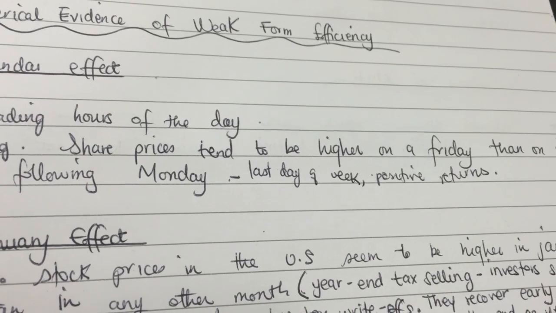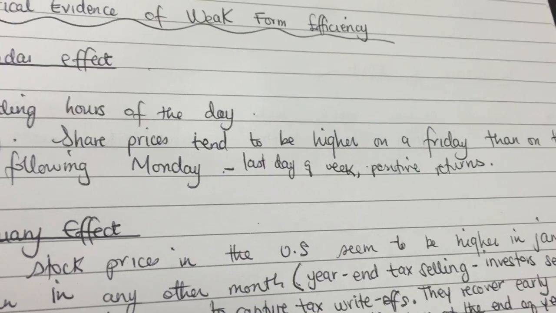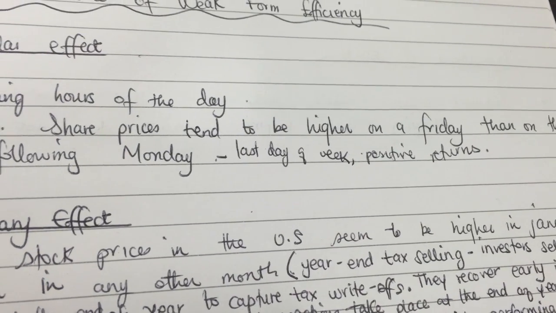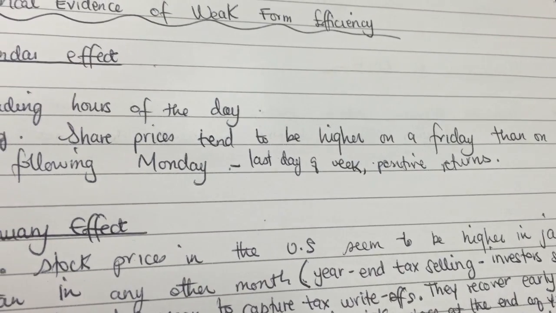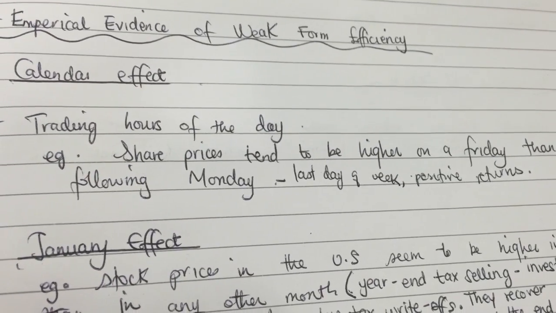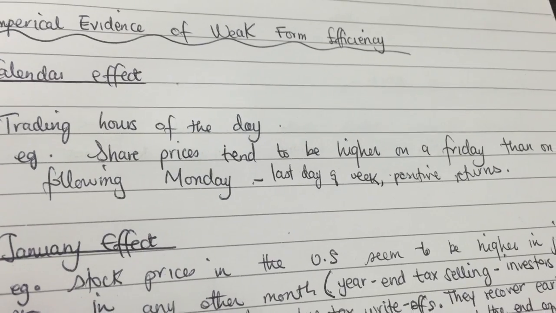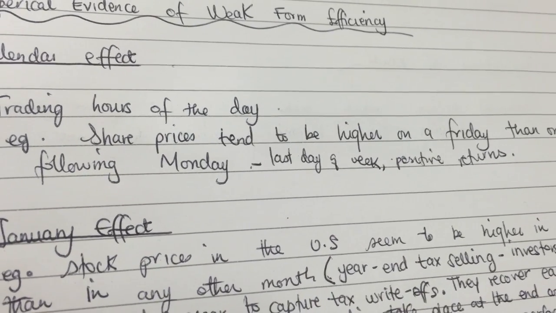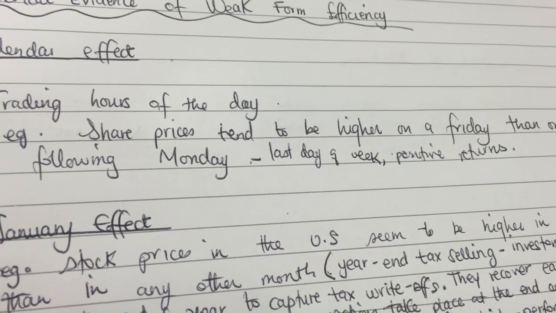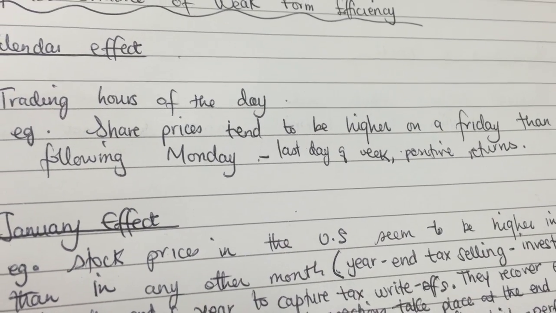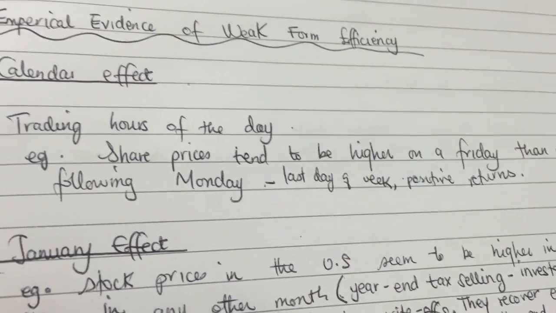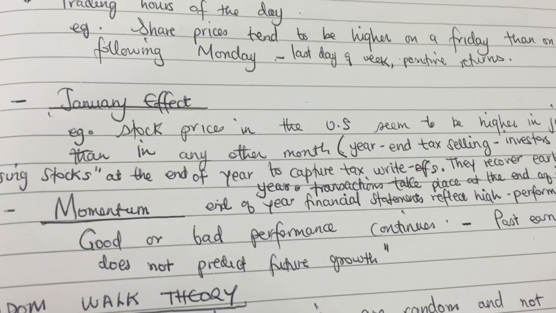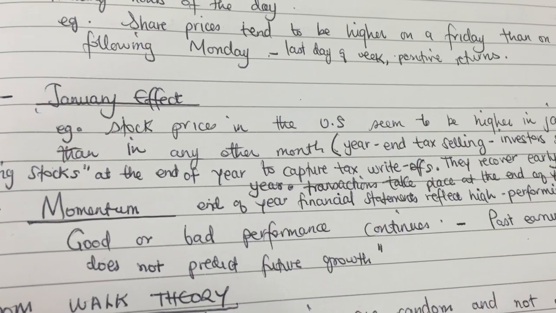And Monday is the beginning of the week, so people are probably purchasing new shares and there are no predictions as of yet. So because of that, share prices will be higher on a Friday where the positive returns are already there than on a Monday when there's no return yet because they are new investments. You get it? Okay.